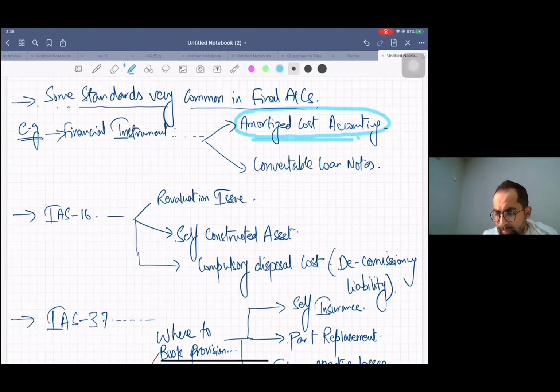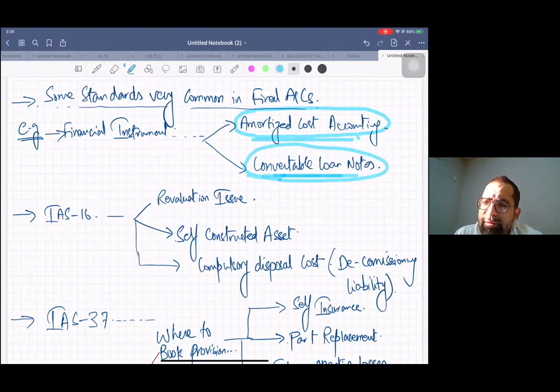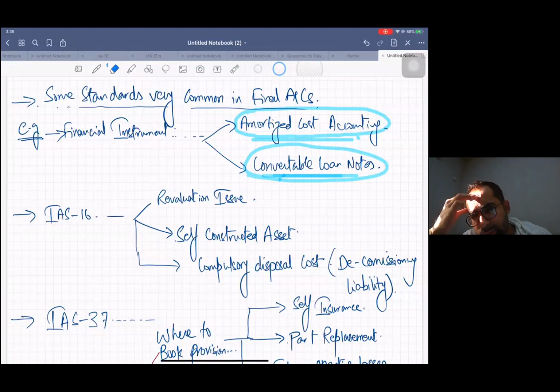Then one more area, I will also teach you this area: convertible loan note. Very routine and very cash marks. A convertible loan note is also called a hybrid or compound financial instrument, which contains both debt and equity elements.